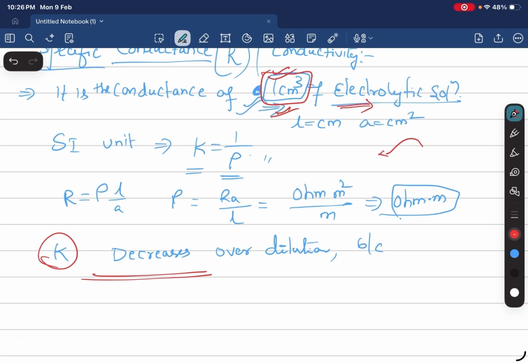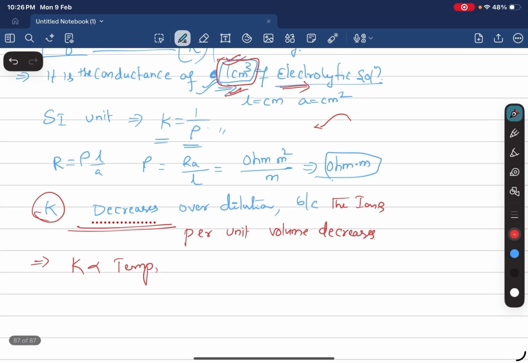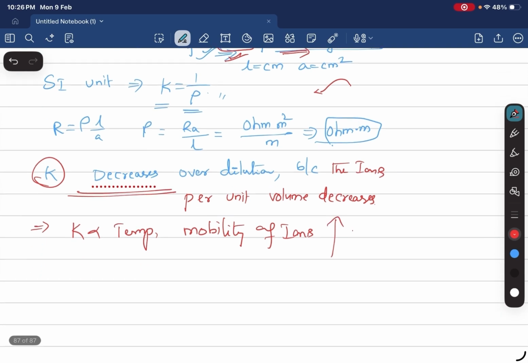The reason is the ions per unit volume decrease. The same thing increases with temperature. The reason is higher ionic mobility. If you increase temperature, the mobility of ions increases. That's why specific conductance will increase.